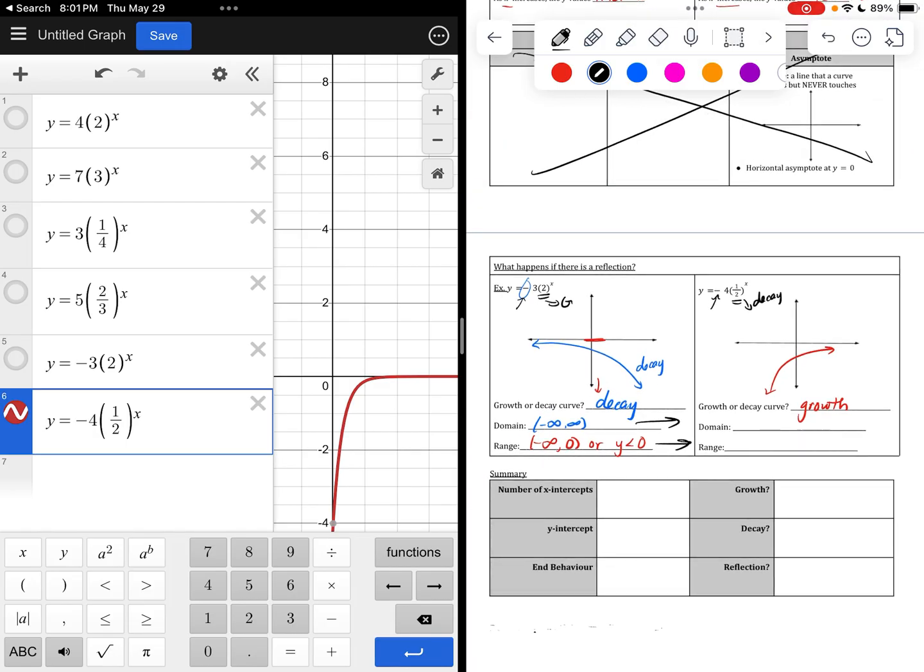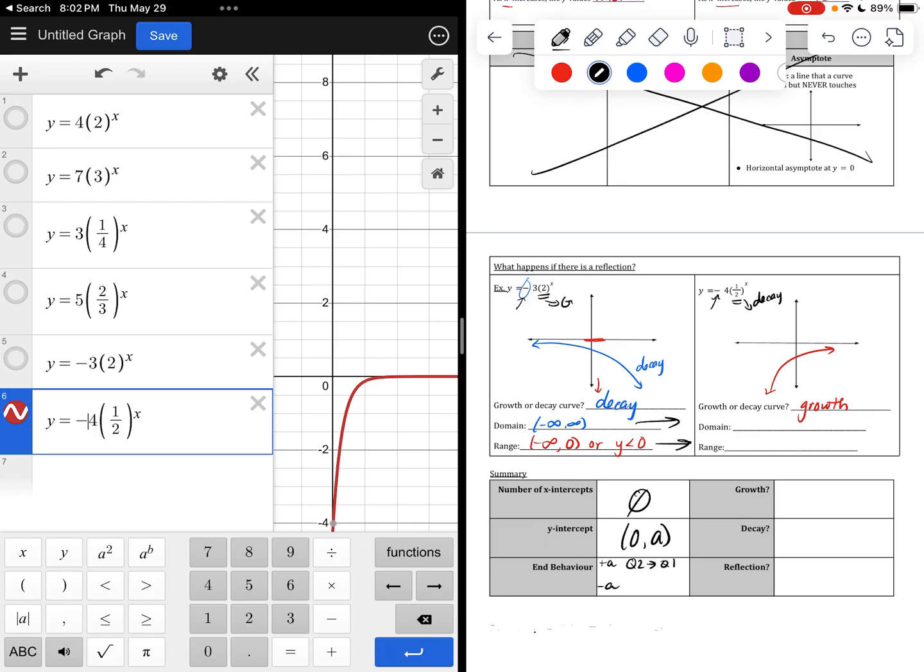So the overall summary, there's not going to be x-intercepts unless we move this up and down, which I'm not planning to. The y-intercept is always the a value. Okay, the end behavior, if there's only a positive a value, it goes Q2 to Q1.